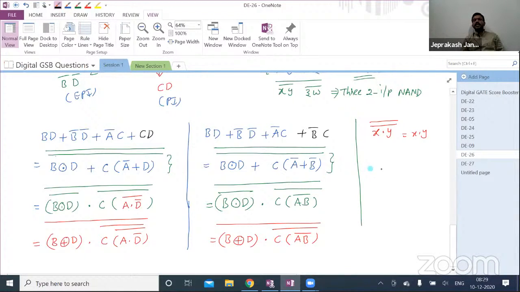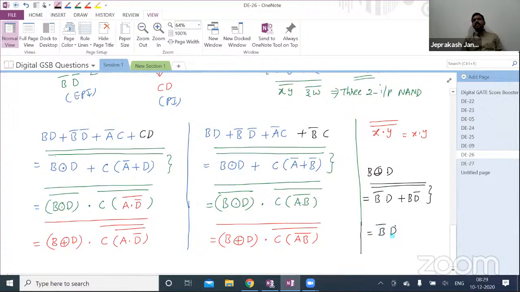Now first let us verify for B XOR D. For B XOR D you can write B bar D plus BD bar, right? So this is SOP form. You can apply two times complement and apply De Morgan's law for the inner complement.